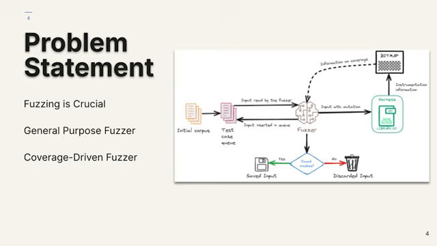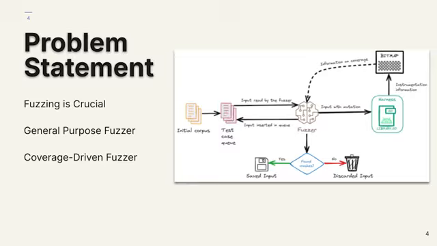A common fuzzer is called a general purpose fuzzer, and although these are good, when they encounter highly structured inputs like JavaScript or PHP interpreters, the input needs to be perfectly correct and formed in order for the program to even run.